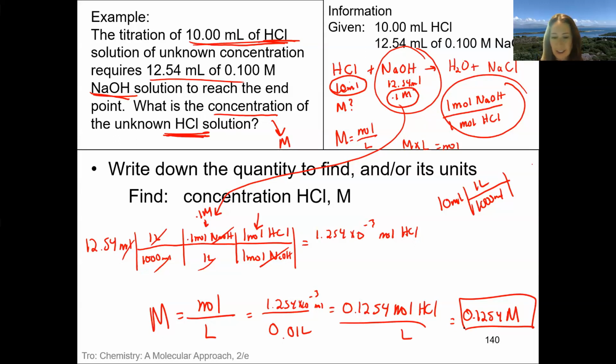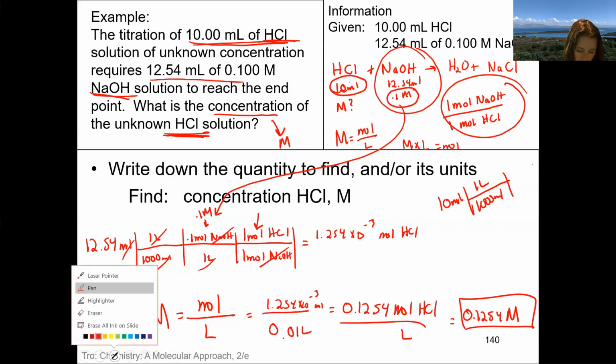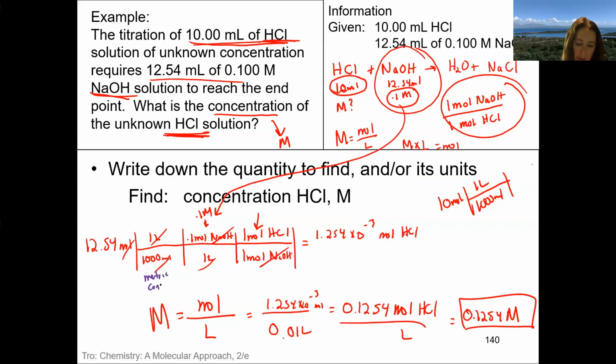It's just the words are a little bit different, right? But it really is the same problem. Here we are with a metric conversion. Here's a metric conversion. Here's molarity. Here's our mole ratio. Right?